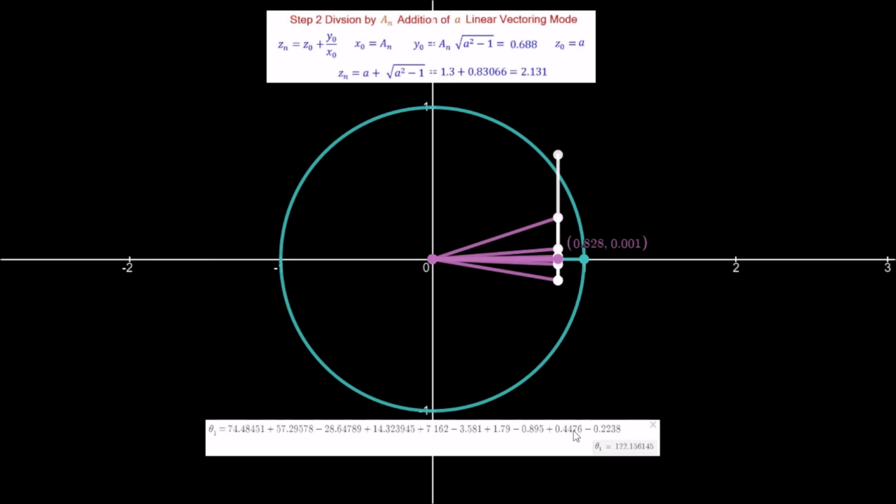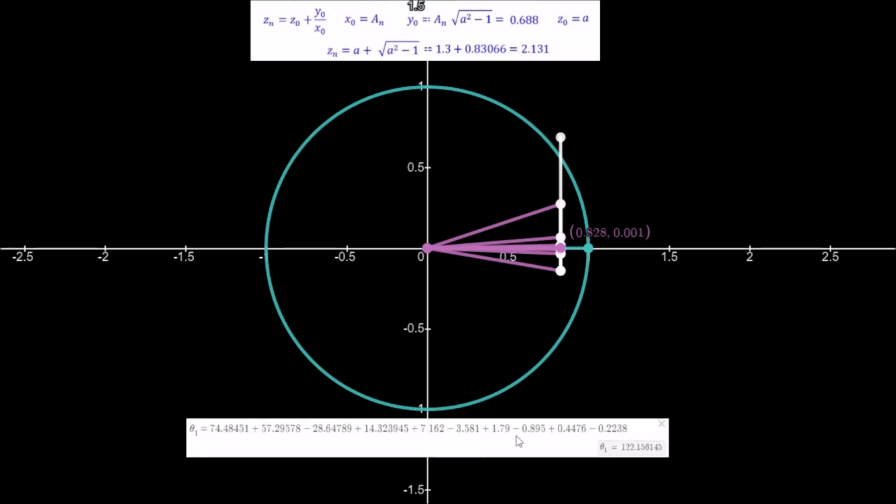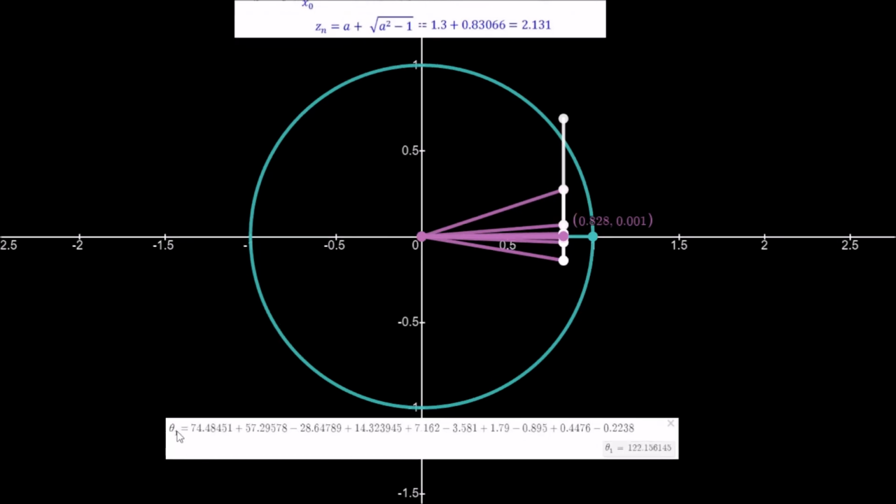Now I've already gone ahead and done this down here, and you can see the angles that we're going to be using. Now one thing to note here is we're actually starting off with this angle here, and you can see that's 74.48 degrees. Now this angle here is the value for our A in radians. So we're going to have an angle which is 1.3.